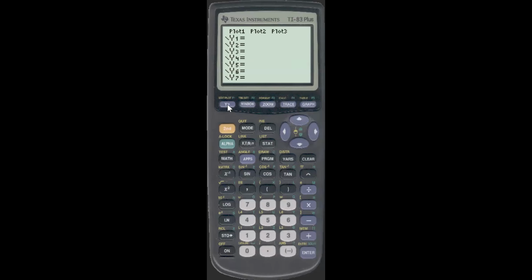All right, so go to y equals, and you want to type in x squared plus 6x, and then 9. Let me know when you've got that in the calculator.